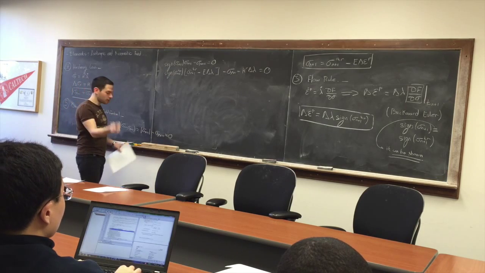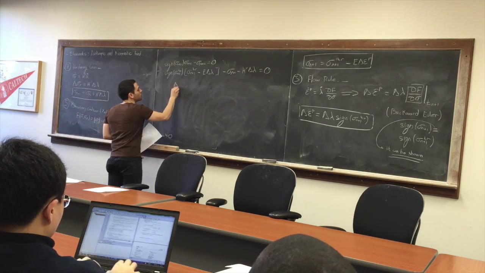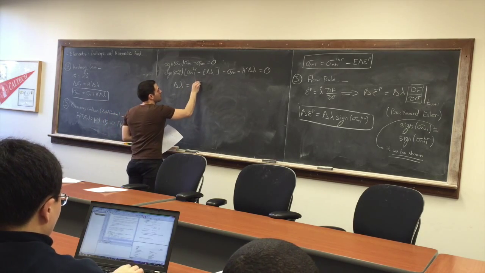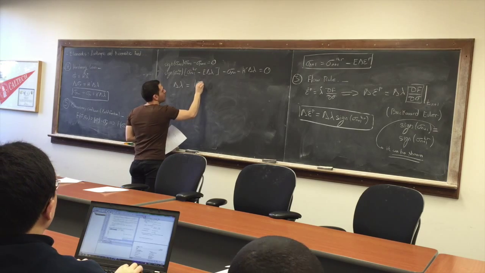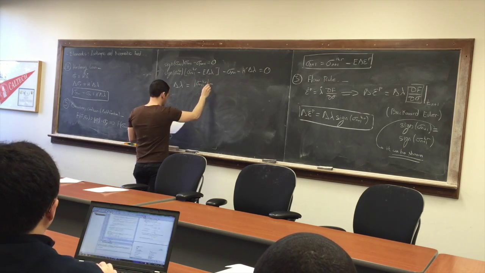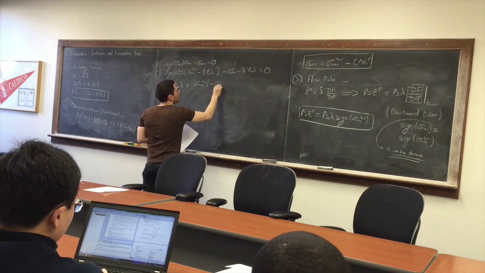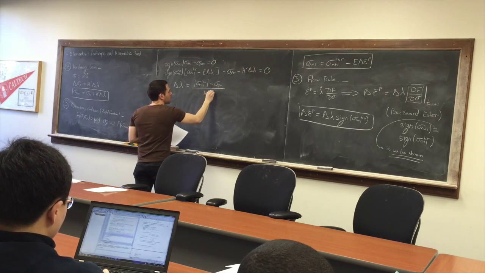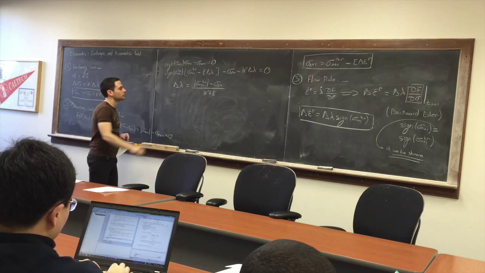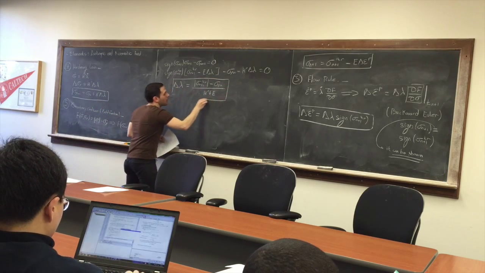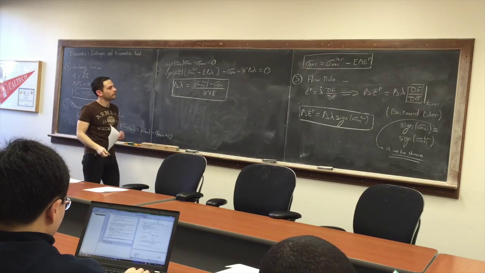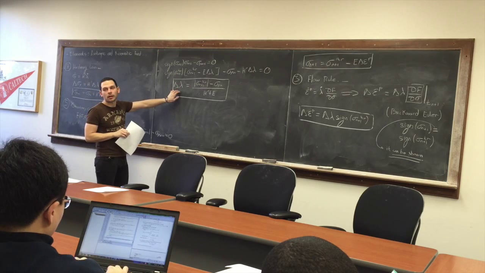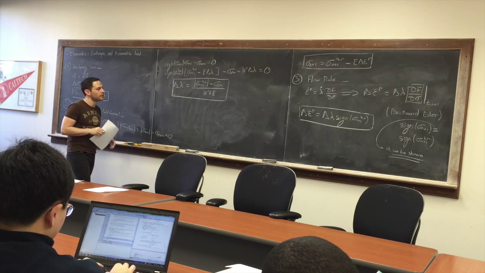And collecting terms and so on and so forth, we write an expression for delta lambda, which is the absolute value of sigma n plus 1 trial minus sigma y n divided by h prime plus E. This is the expression to compute the discrete plastic multiplier, or the discrete version of the plastic multiplier.